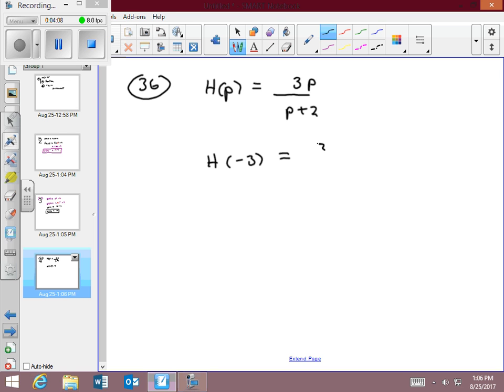So every place the p appears, we're going to put minus 3. So that makes the numerator minus 9 and the denominator minus 1. So that's a plus 9. h of minus 3 is 9.